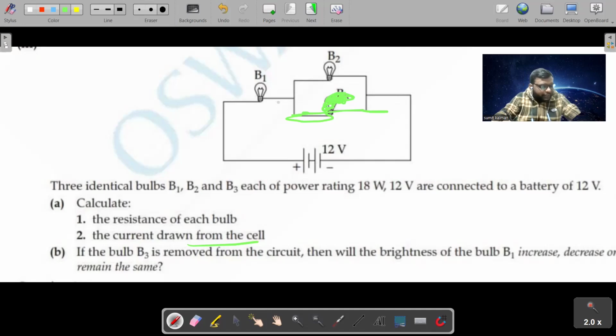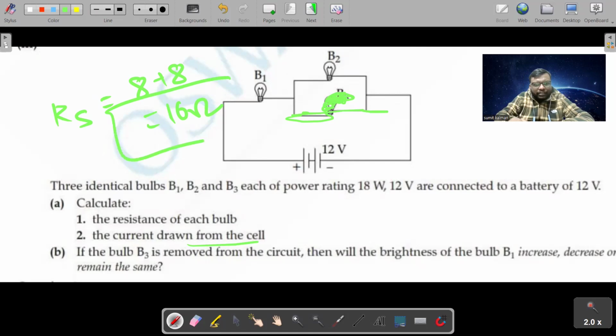And students, if we calculate the equivalent resistance of the circuit, B1 and B2 are in series. So in series combination, we just add the resistances. So here 8 plus 8 is equal to 16 ohm. So here resistance has increased from before.